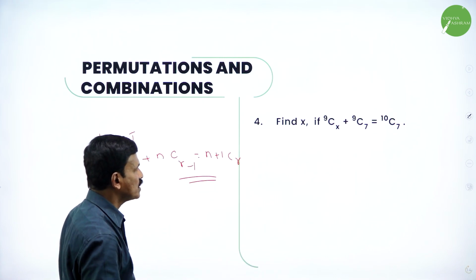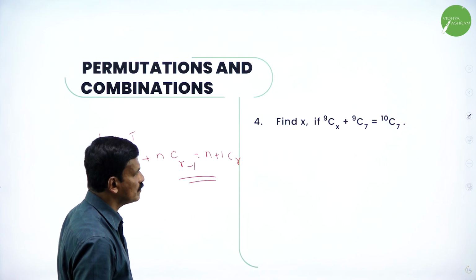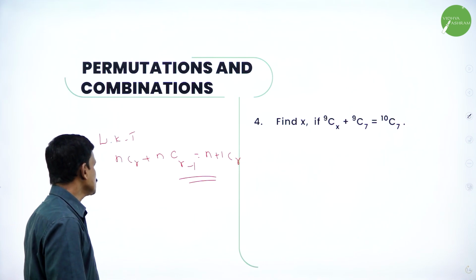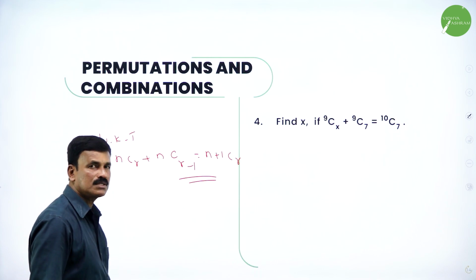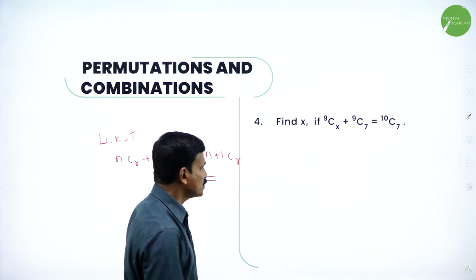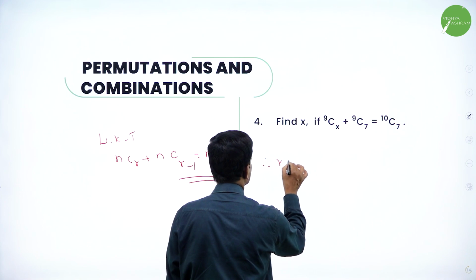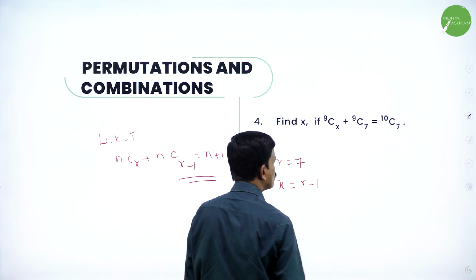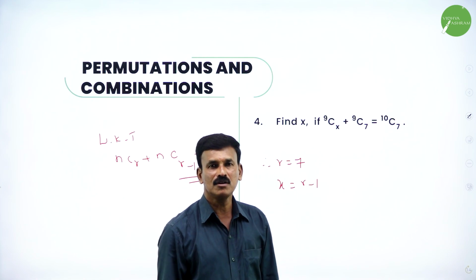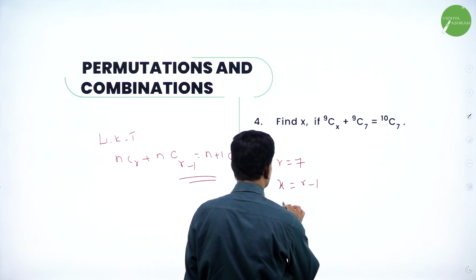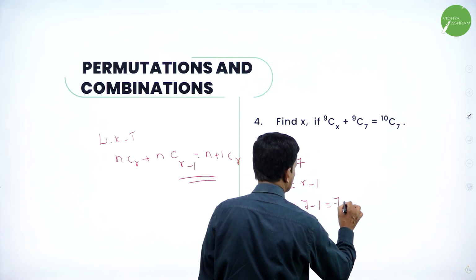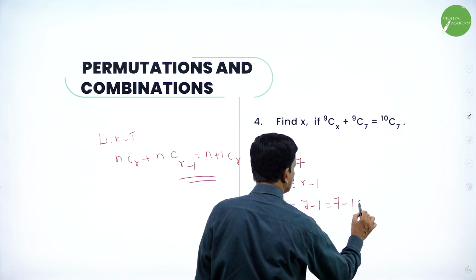Find x if 9Cx plus 9C7 is equal to 10C7. We know that nCr plus nC(r minus 1) is equal to (n plus 1)Cr. So from this, here r is equal to 7 and x is equal to r minus 1. Substitute. So x is equal to 7 minus 1, that's equal to 6.